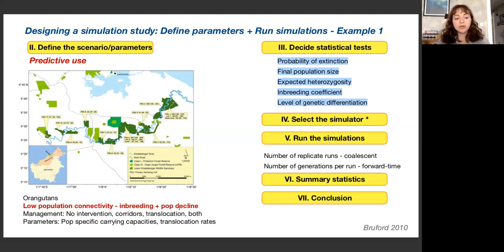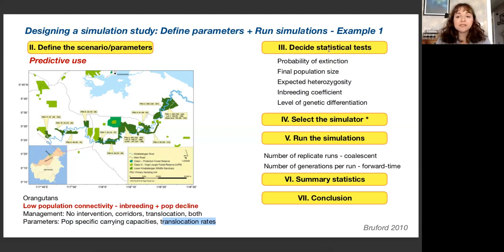Under each scenario, they considered parameters like population-specific carrying capacities or translocation rates, simulated the different scenarios, and ran the statistical tests to understand the best way of managing this population.